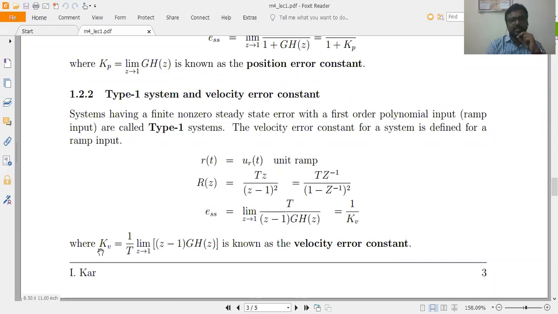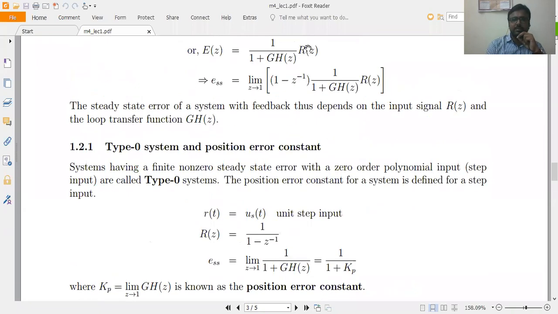This is known as the velocity error constant. So this is the second type of error constant.